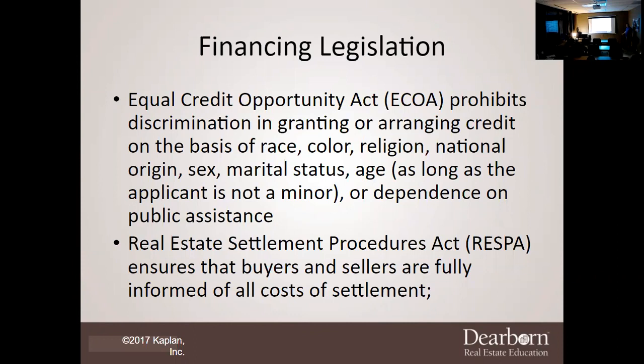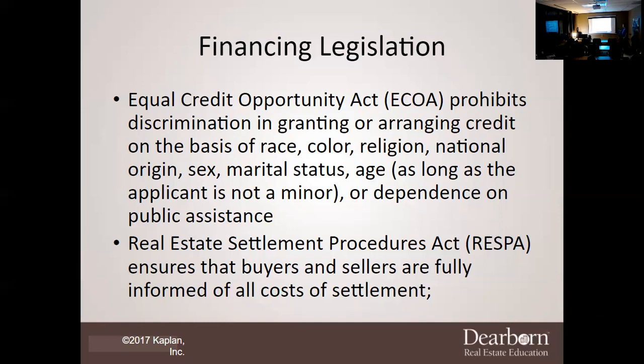Another thing, Mr. Grossman will agree with me on this. You're going to have to know these different discrimination classifications. So the ECOA protects against the credit basis of race, color, religion, national origin, sex, marital status, age, and dependency on public assistance.